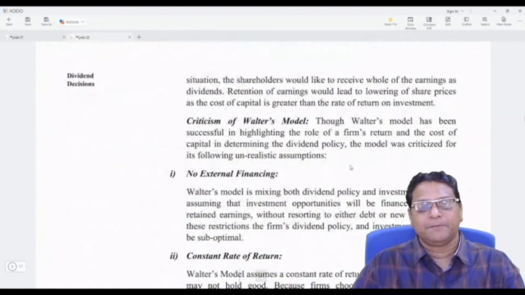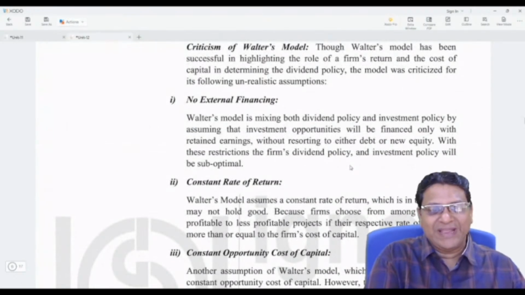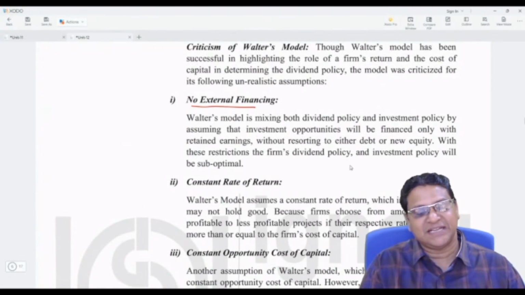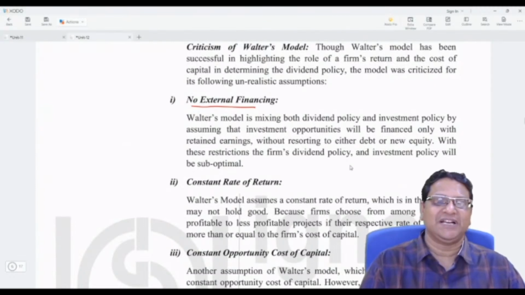First, Walter's model tells that there is no external financing. All financing is internal financing, but practically external financing arises. People generally use external funds as well as internal or self-generated funds.